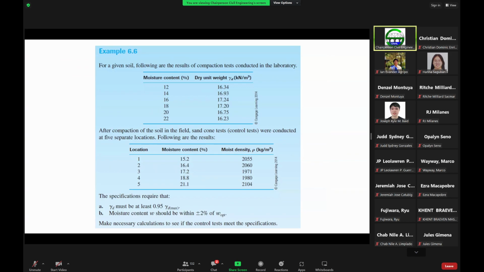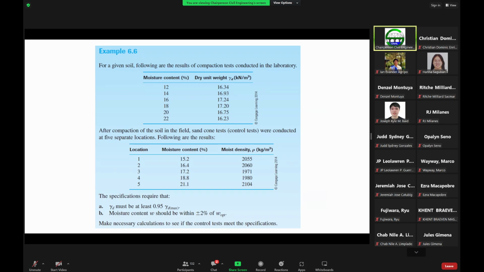Okay, so another problem here. For a given soil, the following are the results of the compaction test. Again, let's assume we already know how to derive this in the lab. And then after compaction of the soil in the field, sand cone tests were conducted in five separate locations.